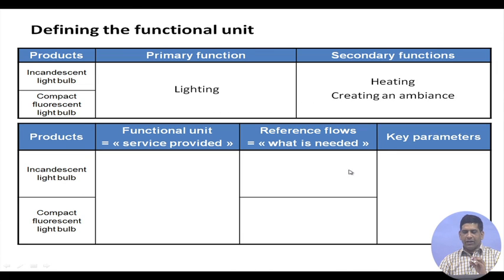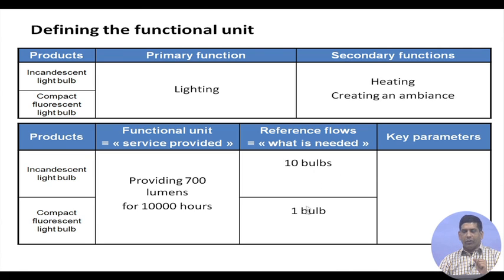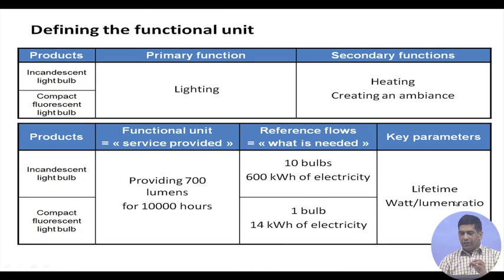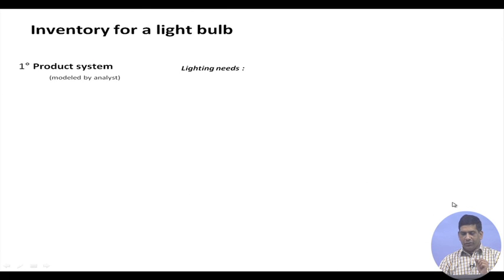In this particular example, we took the functional unit of 700 lumens for 10,000 hours. The reason we did that is because it gives a nice number of 10 bulbs and 1 bulb for comparison, and 10 bulbs at 60 watt become 600 kilowatt hours of electricity, and 1 bulb for 14 kilowatt hours of electricity. Key parameters were lifetime and watt per lumen ratio.